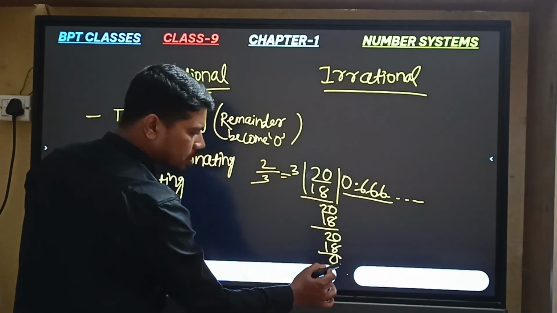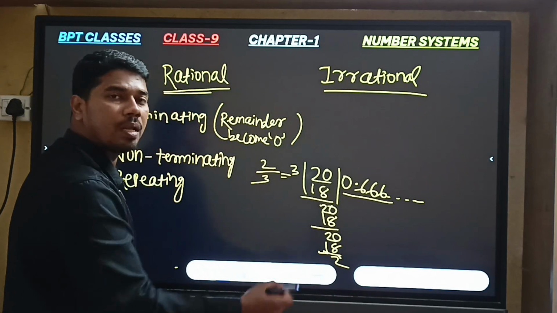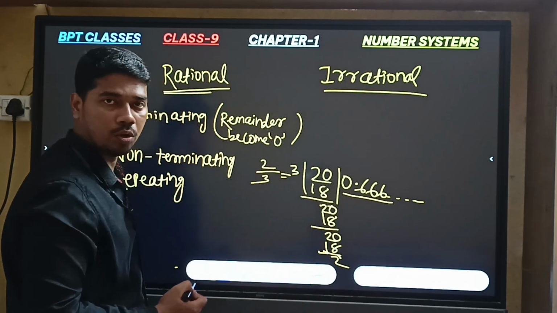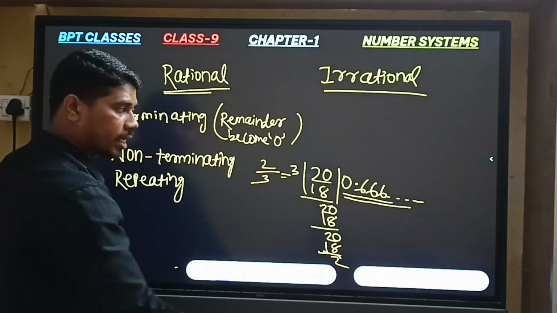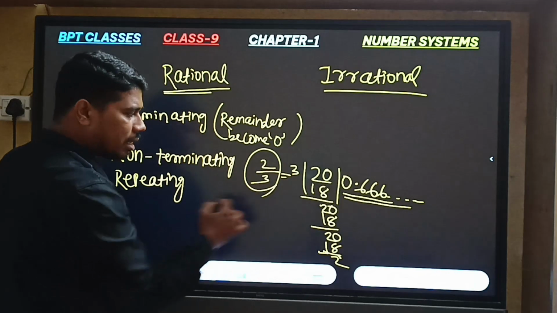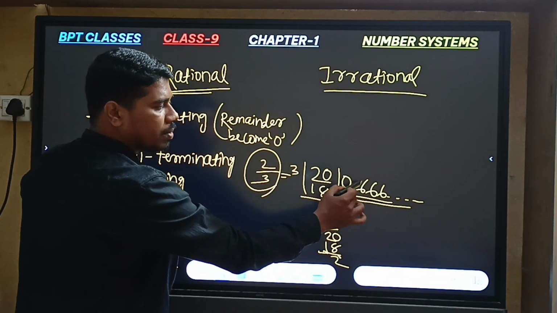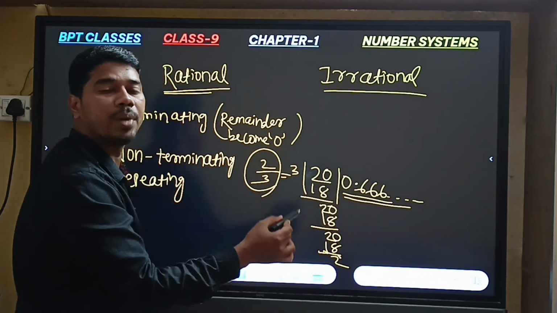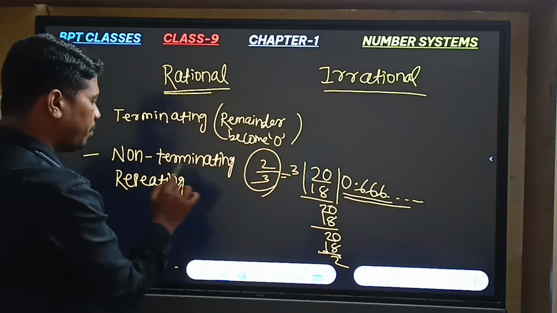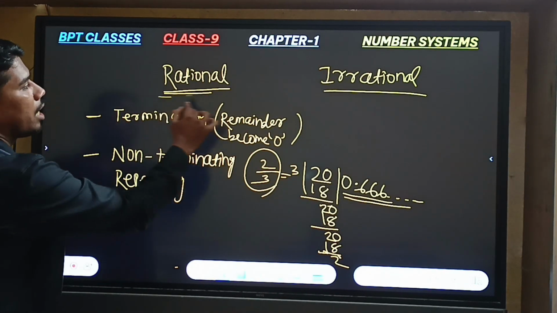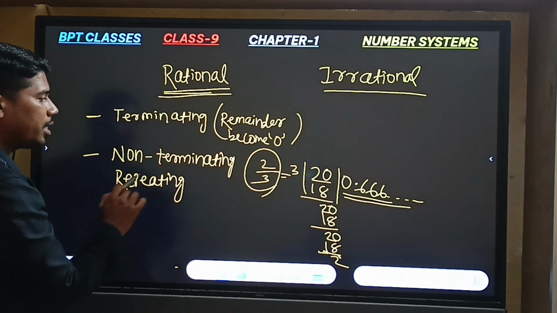It did not end because 20 minus 18 equals 2, so the remainder is not equal to 0. But why do we say this is a rational number? Because although it is non-terminating, after the decimal the same value 6 keeps coming, that means it is repeated. So non-terminating but repeating is also a rational number. So rational numbers have two properties: terminating, and non-terminating repeating.